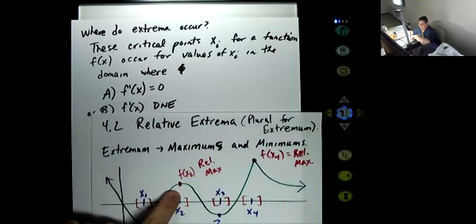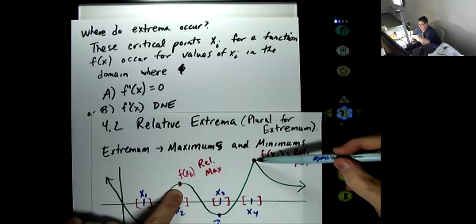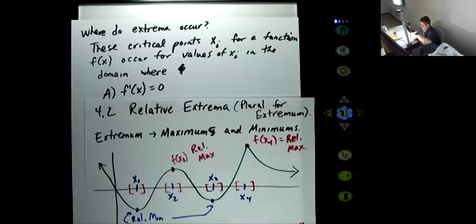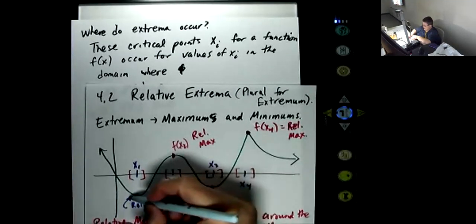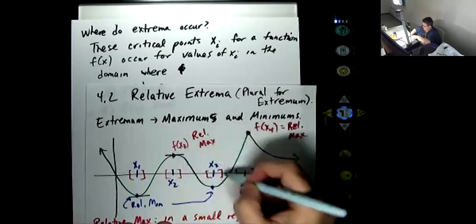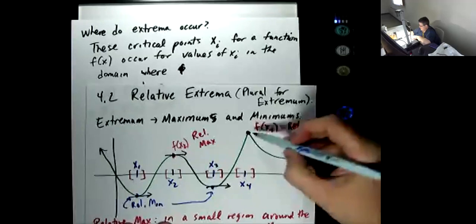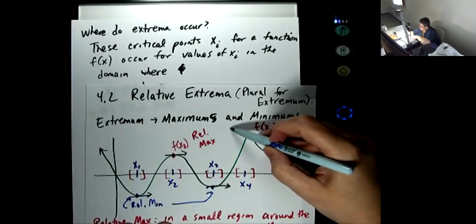The derivative exists here, but it doesn't exist here. These three have tangent lines that are horizontal, but we don't have a tangent line here.